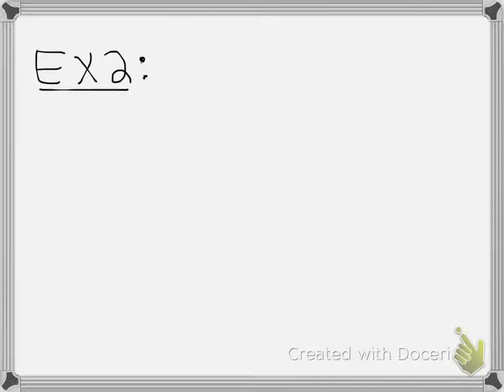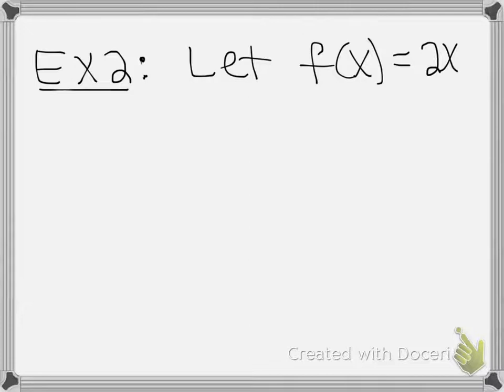And what we're going to do is, let's actually start with a linear function and see what happens when you transform a linear function. So let's let f of x equal 2x plus 1. Okay. So start with f of x equals 2x plus 1.